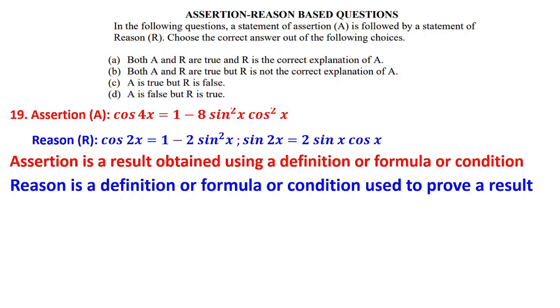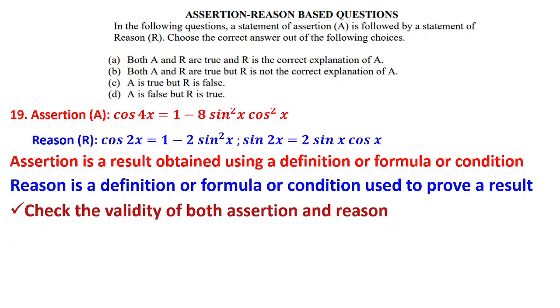Now here from the options you are seeing that both cannot be false. That is very important. Either A is true or false, A is false but R is true, but both of them should be true in options A and B. Therefore what you have to do is take both the statements and check the validity. What is the meaning of validity? You check whether the assertion is true and you check whether the reason is true.